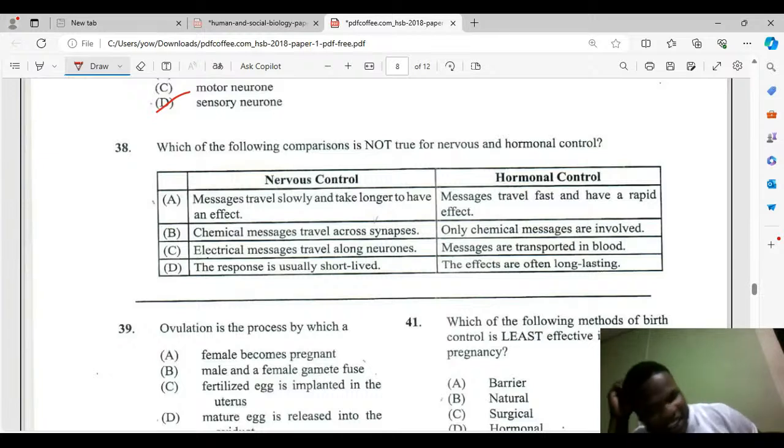Response is usually short-lived, and the effects are often long-lasting. So it would be messages travel slowly and take long to have an effect. That's absolutely wrong, because we're talking about the nervous system here, one of the fastest systems in our body. So it has to be A, is not true.